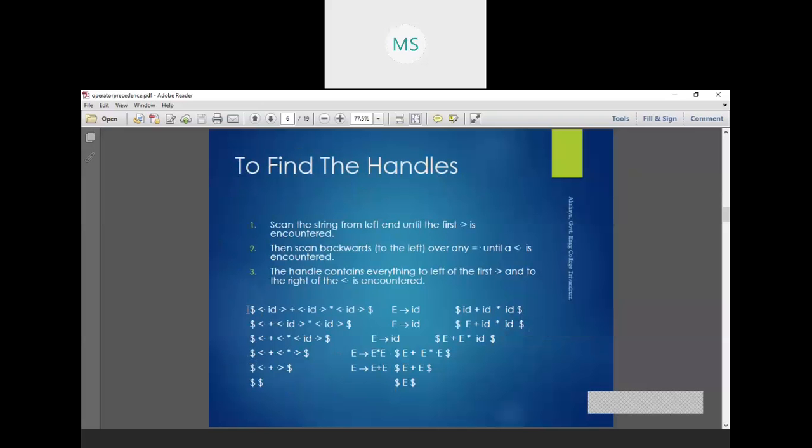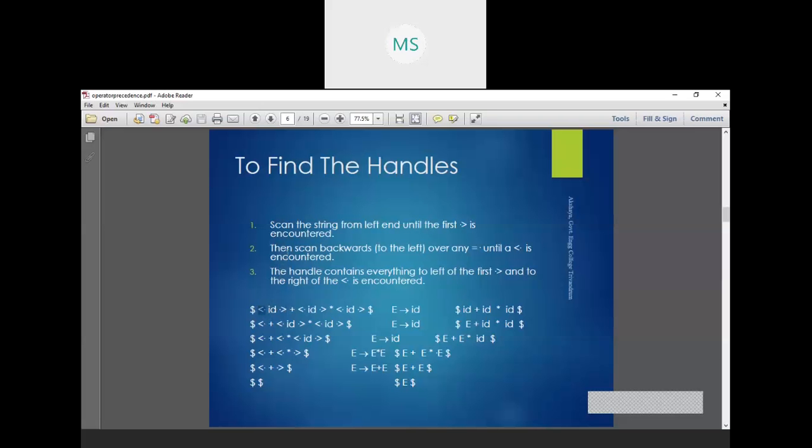I want to scan my input from left to right until the first greater than symbol is encountered. This is my input relation that I wrote. Now I have to scan my input till I get the first greater than symbol. Wherever you get the first greater than symbol, you should scan backwards to get the first less than symbol or equal symbol.